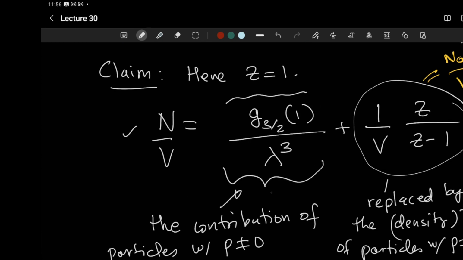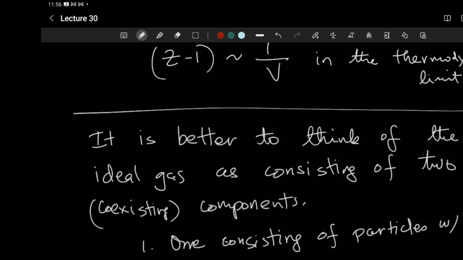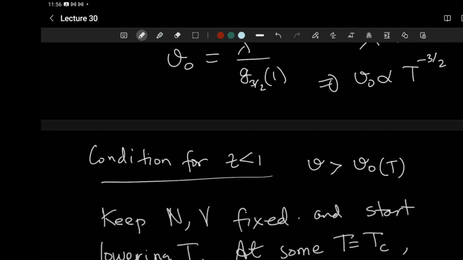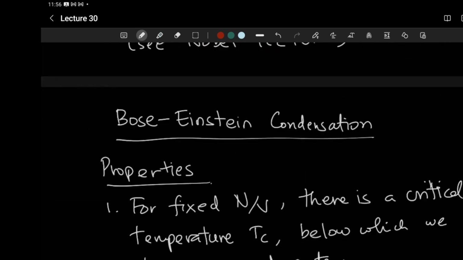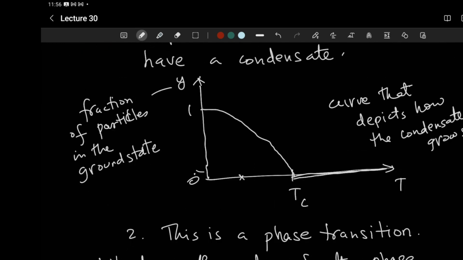This is giving you some finite number for fixed T. So as you keep reducing the temperature, more and more will start going. This is just a schematic diagram, but it captures that. Hopefully the curvature is correct, but I haven't proved that it is. So that's what this is saying.